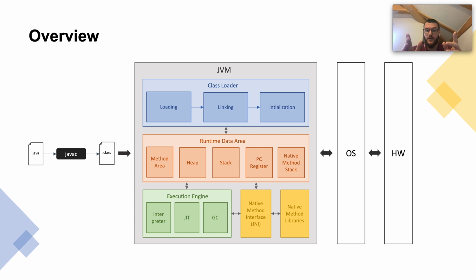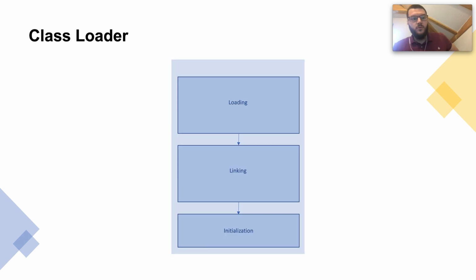We will focus here on these three basic components mentioned above: the class loader, the runtime data area, and the execution engine. And now we will zoom in one by one. At the very beginning, the JVM needs the files that will be executed, and this is a task for the class loader. The class loader links and initializes a .class file that represents the class or interface that was referenced for the first time at runtime, not at compile time.